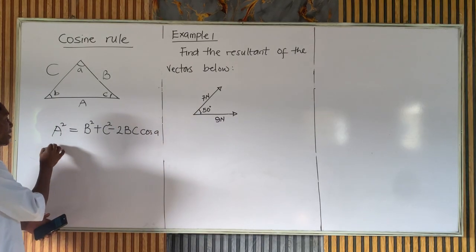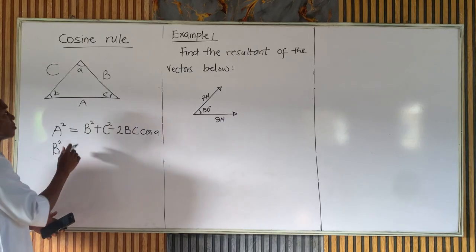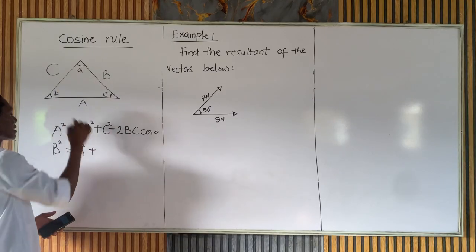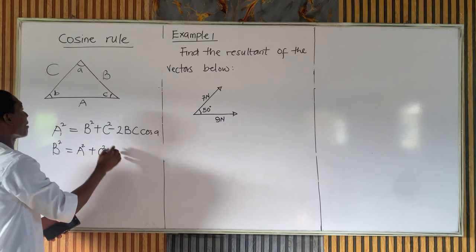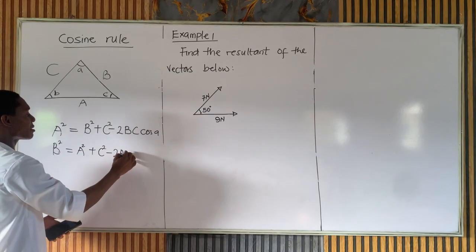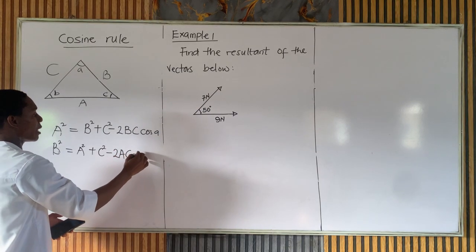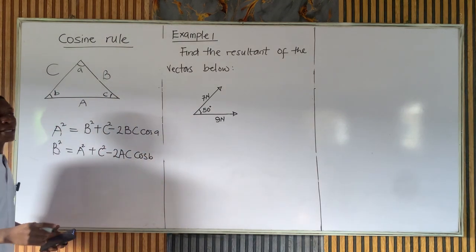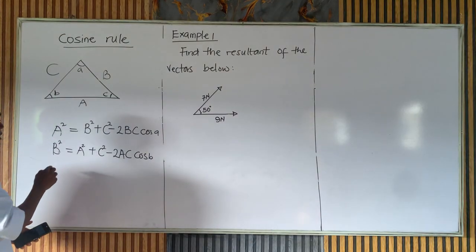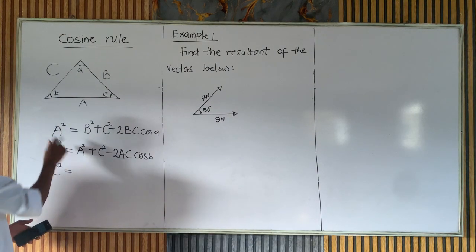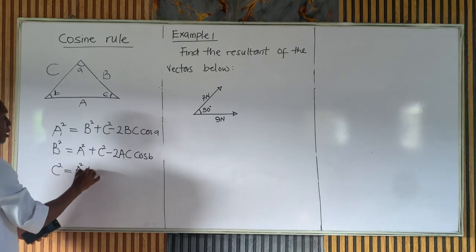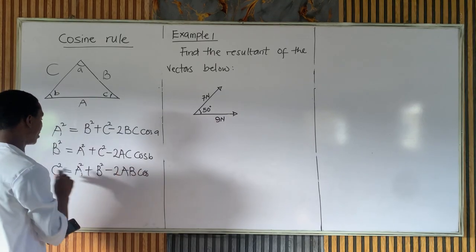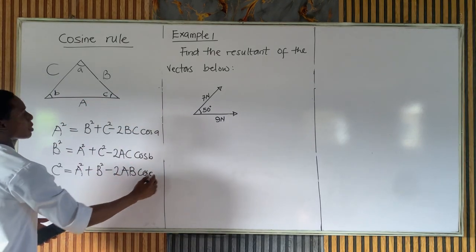And if it is B you want to get, B squared will be equal to, I'm looking for this side, then square this side, that's A squared, plus square this side, that's C squared, then minus 2 times A times C, then multiply by cos of the angle facing this side B, and that's angle B. And if you are looking for side C, that will be C squared is equal to A squared plus B squared minus 2AB cos of the angle facing side C, which is angle C. That's the cosine rule.